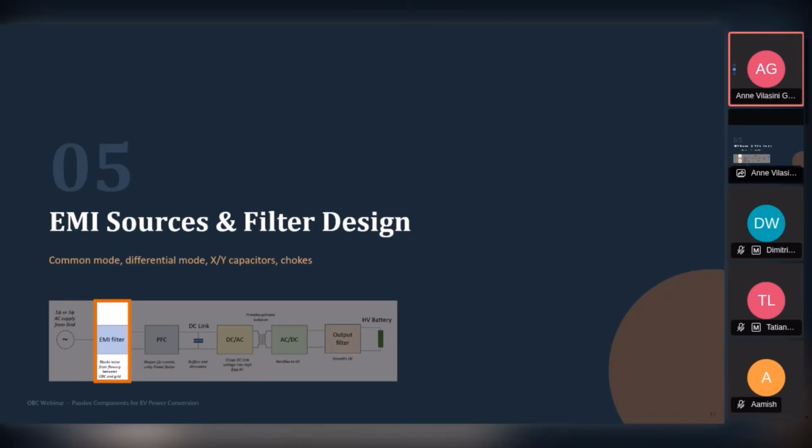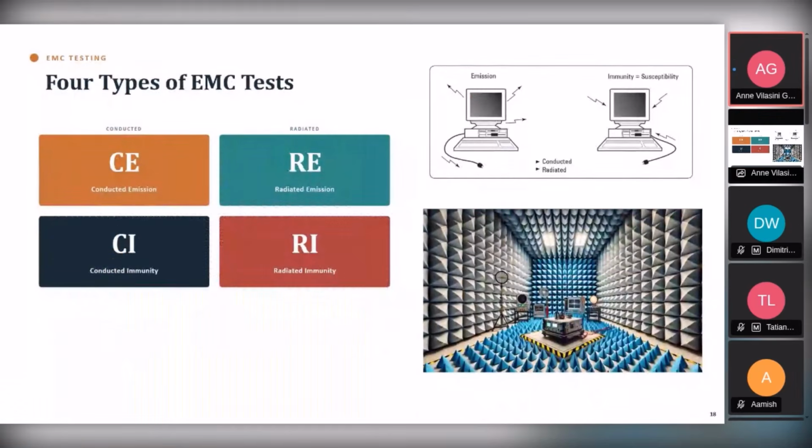So talking about the first block, which is the EMI filter. Normally, as it is a legal requirement, the component has to be tested for conduction and radiation. So also the types of tests are emission and immunity. In emission, you basically test how much noise you send out.